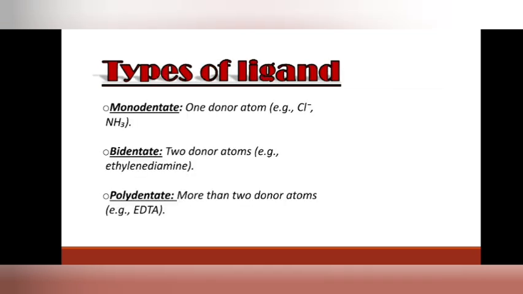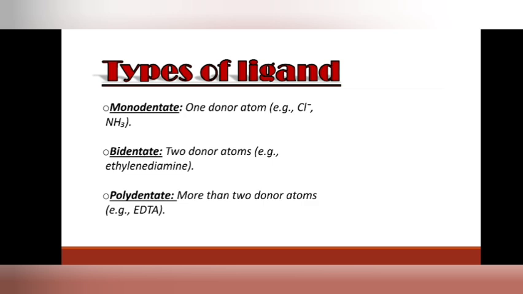Okay, when talking about ligands, we have some types of ligands. First one is the monodentate ligand. Remember that when we are talking about donating electrons, it's not a single electron, it is always a pair of electrons. So monodentate has one donor atom, which means only one atom will donate a pair of electrons, for example Cl negative and NH3.